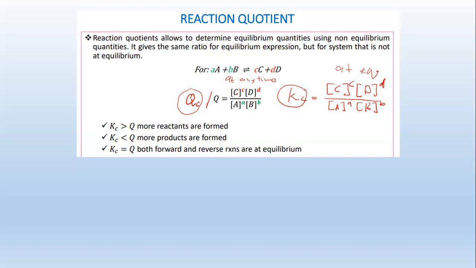You're supposed to use something greater or less than 5, because we don't want to use concentrations at equilibrium to calculate Qc. If you use concentrations at equilibrium to calculate both Qc and Kc, you fall under the principle that if Qc and Kc are equal, both the forward and the reverse reactions are at equilibrium.